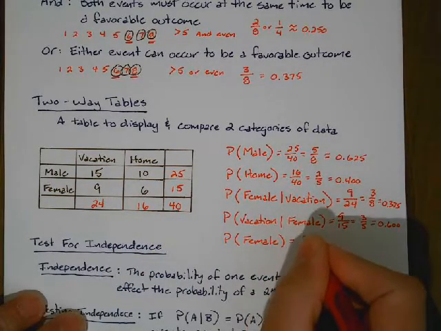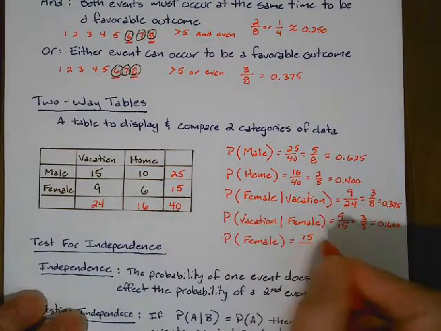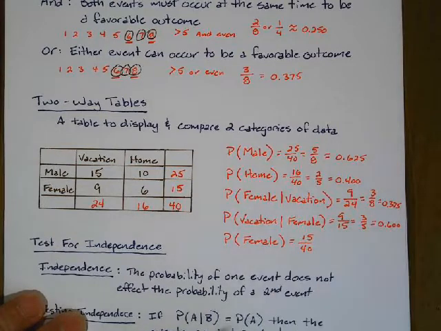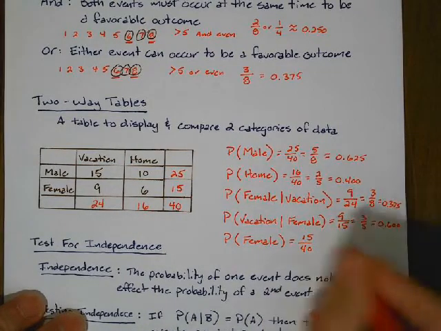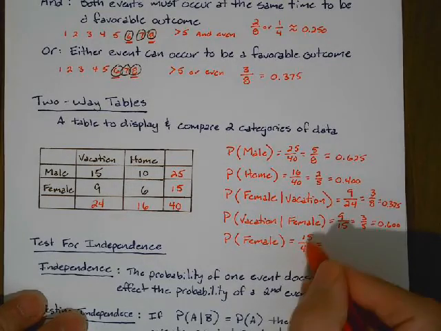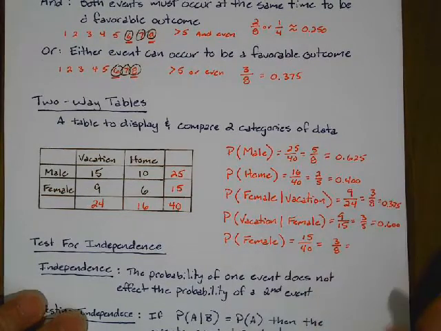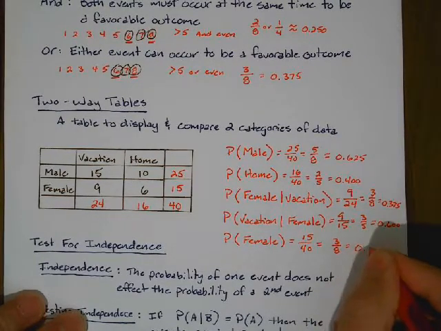So favorable result is I found some females, and out of a total of 40 people in that. And this one reduces to, let's see, 5 goes into both of these. This is 3 out of 8, which is 0.375.